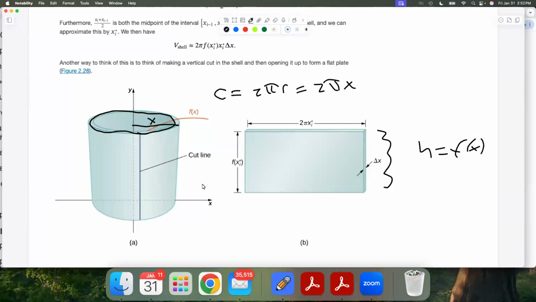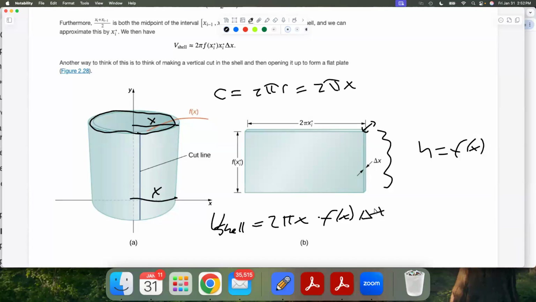Okay, what's the volume? How thick is this thing? What's that distance there? Delta x. So the volume of just this one shell, length times width times height, would be 2 pi x, because that was this distance, x. That's the radius. Times the height, f of x, times my thickness, delta x.